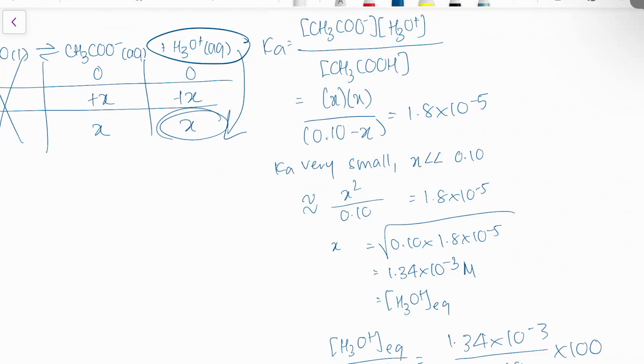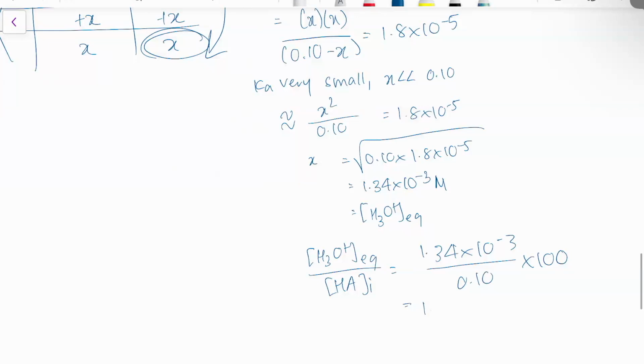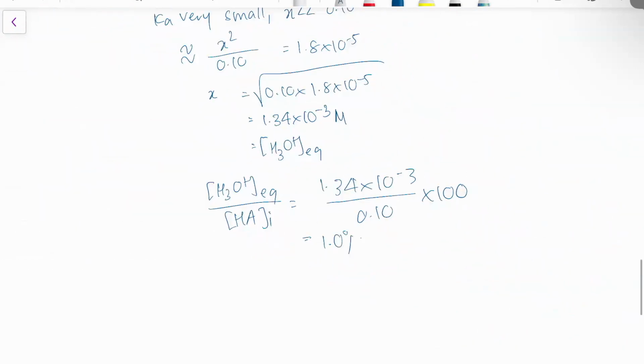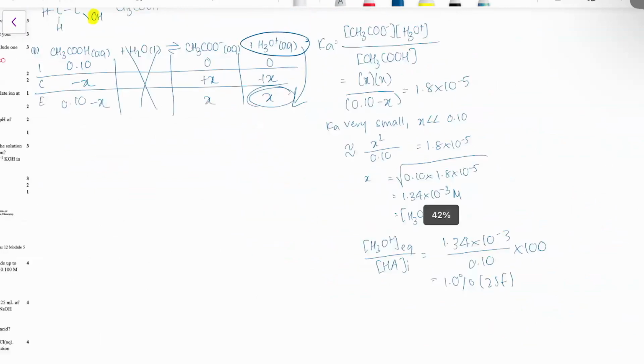That's 1%. We're rounding to 2 sig figs, so that's 1.0% to 2 sig figs.